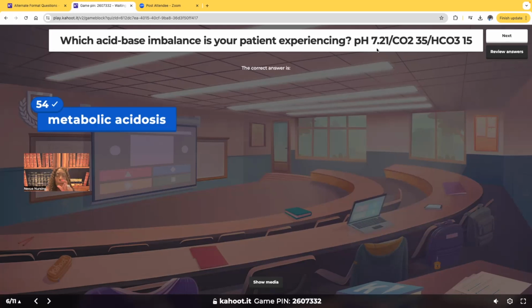The pH is always going to tell you if the patient's in acidosis, alkalosis, or fully compensated, within 7.35 to 7.45. They're in an acidotic state.